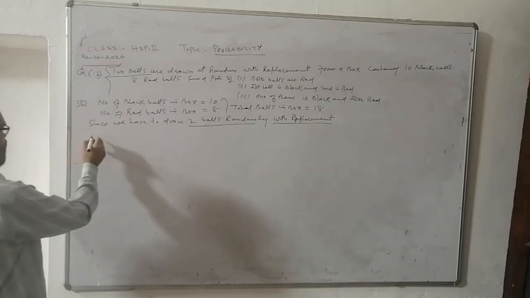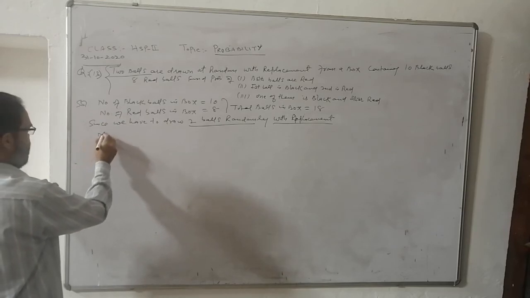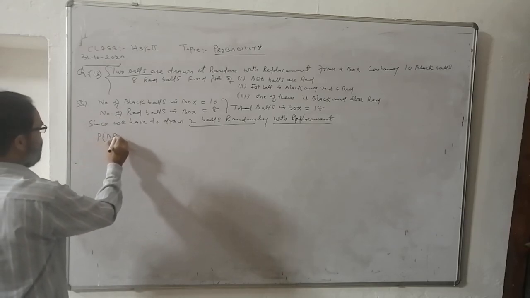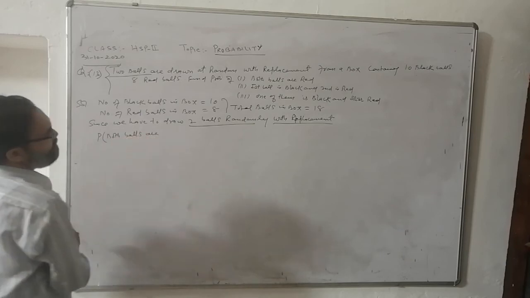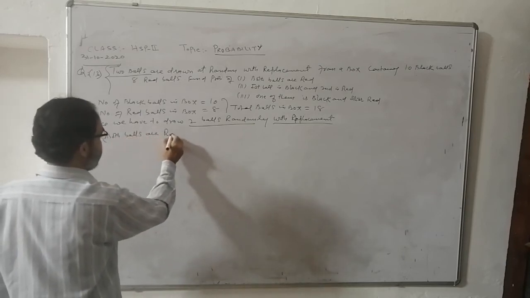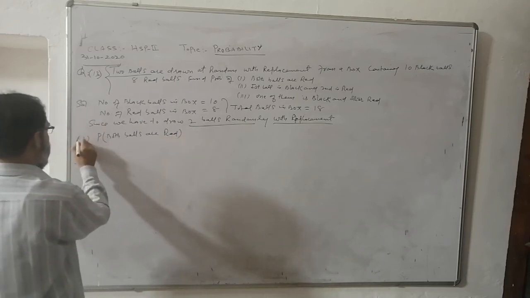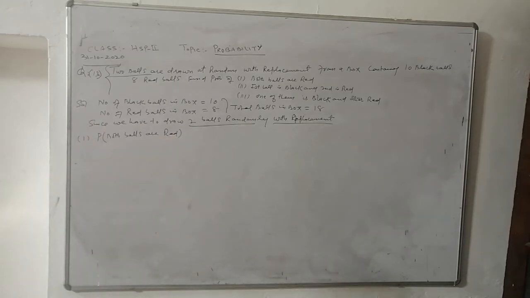So the probability we have to find is that both balls are red in color. What will be the probability of the two balls being red?